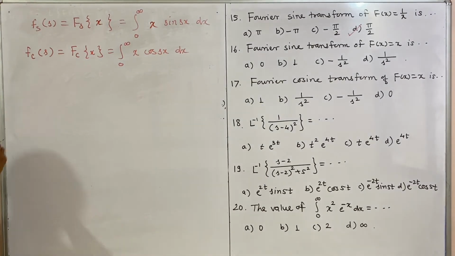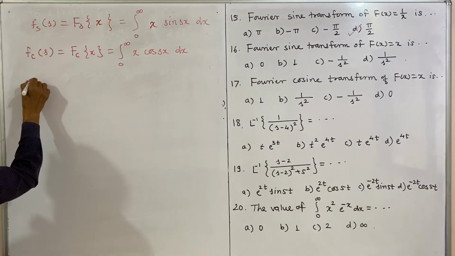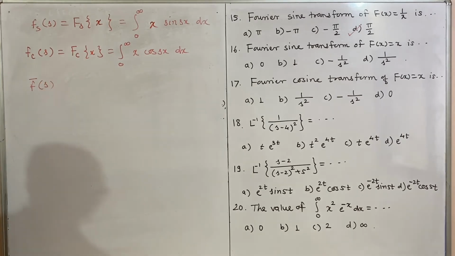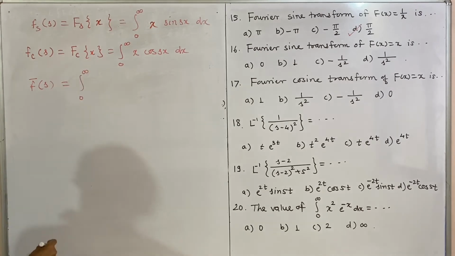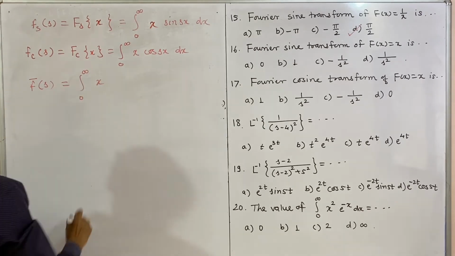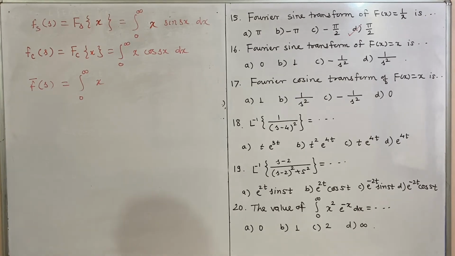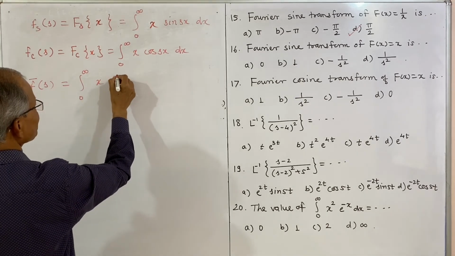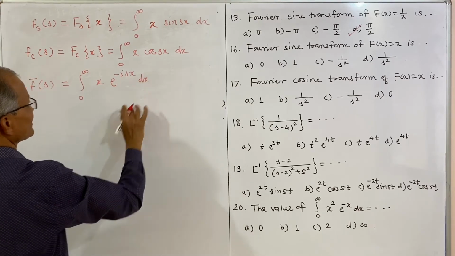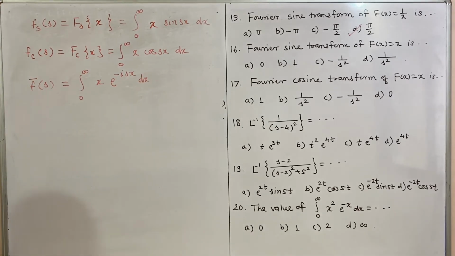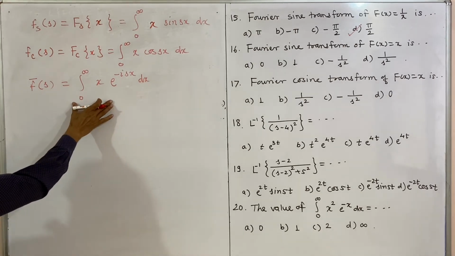Now, we shall consider another transform which we will denote by f bar s, and we shall take that as integral 0 to infinity x into e power minus isx dx. We shall consider this, and now we will first evaluate this integral.